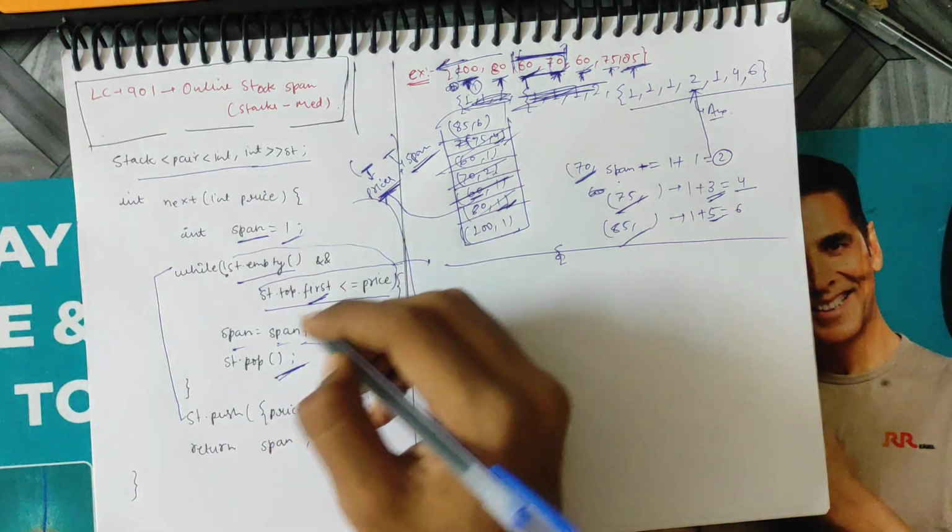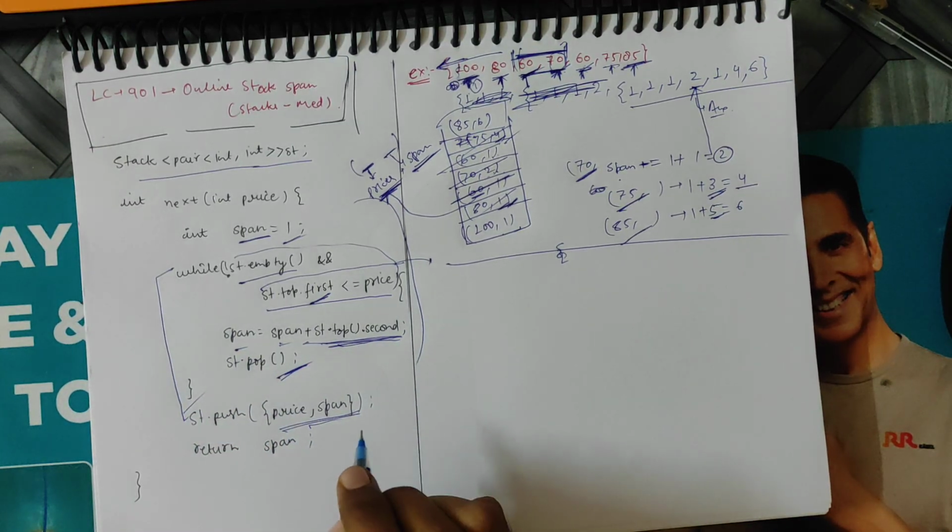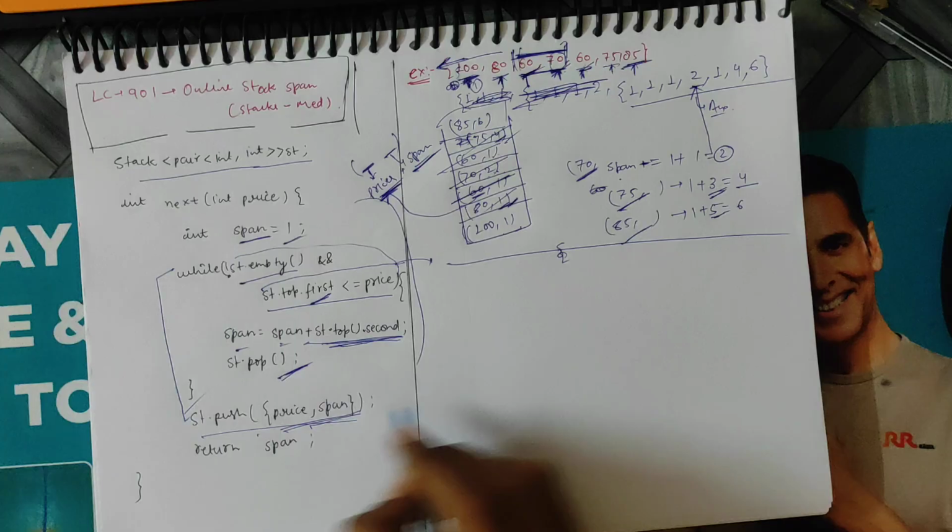After doing this, the while loop exits and we push the price comma span. Where is this part in the process?